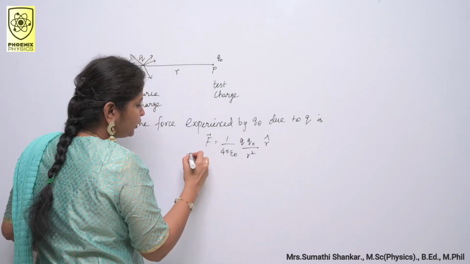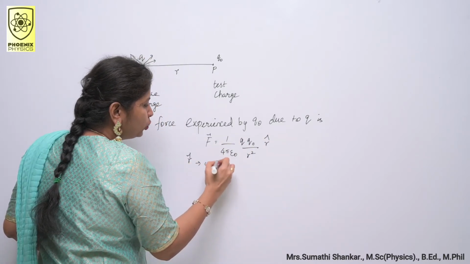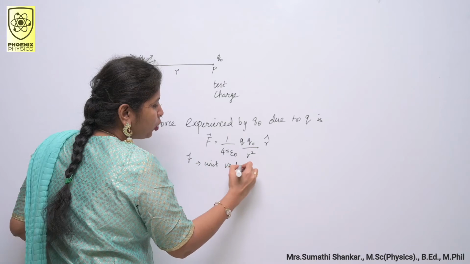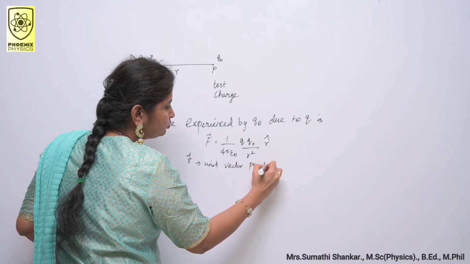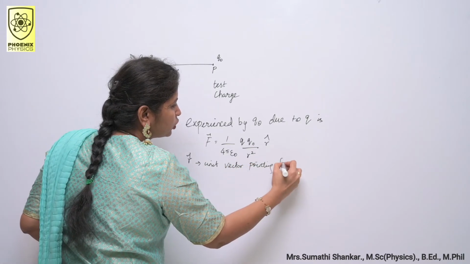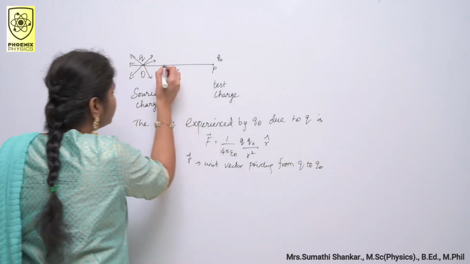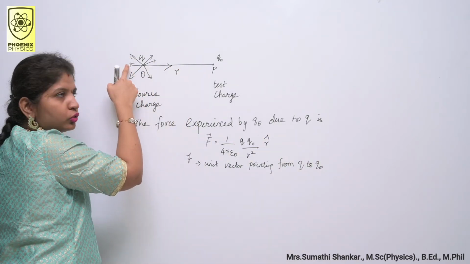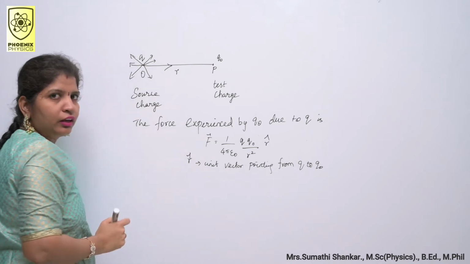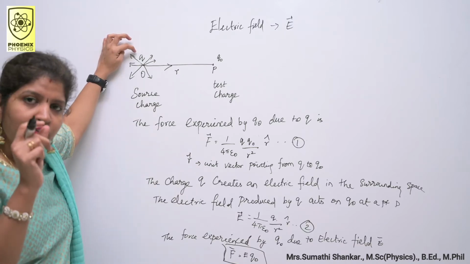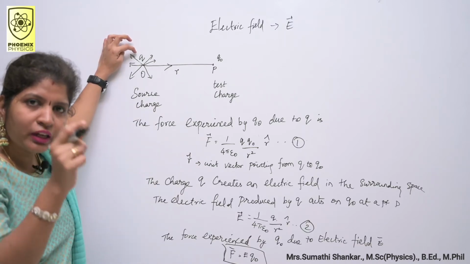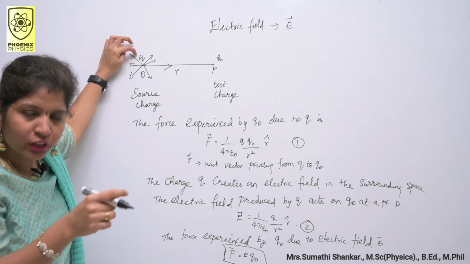What is this r cap? It is nothing but the unit vector pointing from Q to Q0 like this. This is my source charge Q and this is Q0. You know that every charge in the universe creates an electric field in the surrounding space.